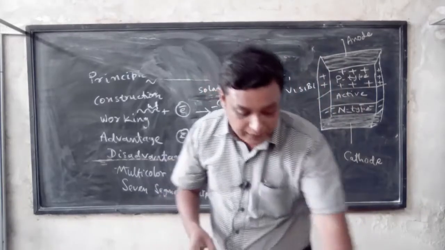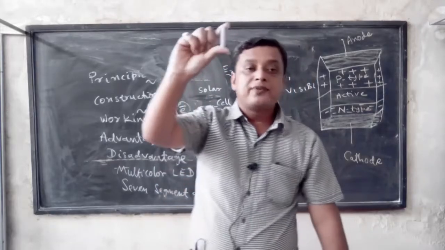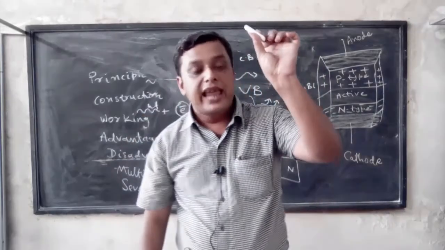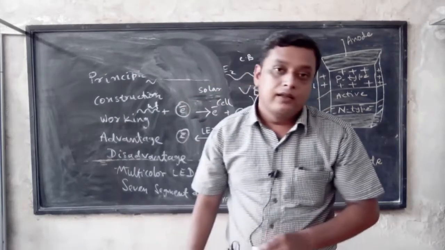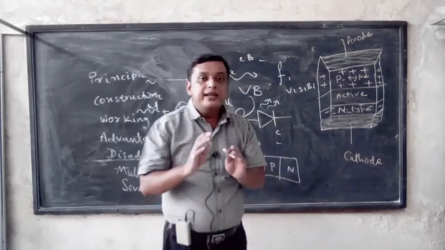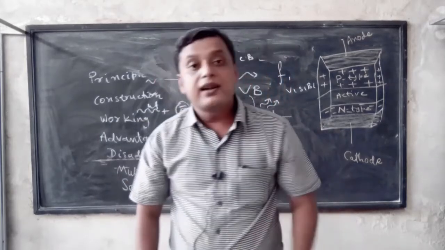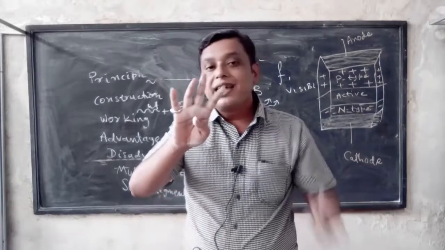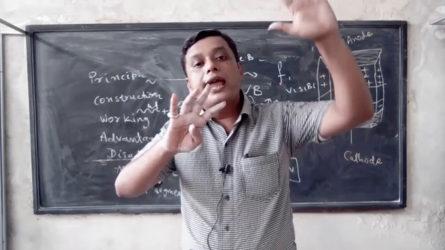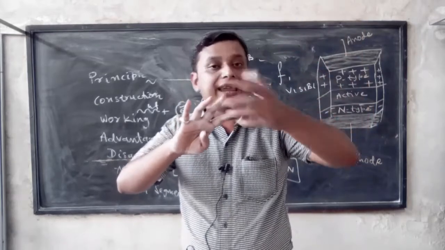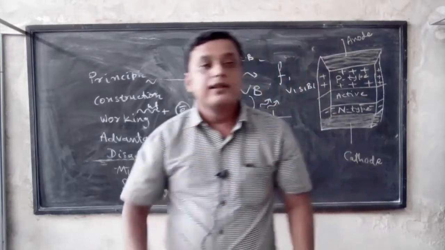So first we have this P-type semiconducting material and this N-type semiconducting material. As we know that silicon and germanium are tetravalent elements. Now I am doping trivalent impurities or pentavalent impurities into the tetravalent intrinsic silicon and germanium.